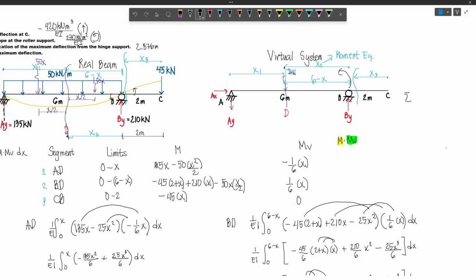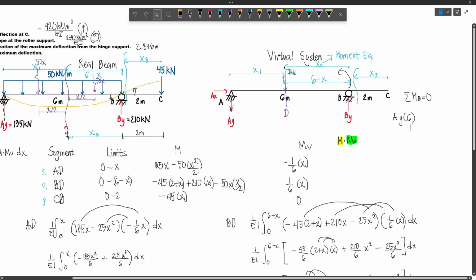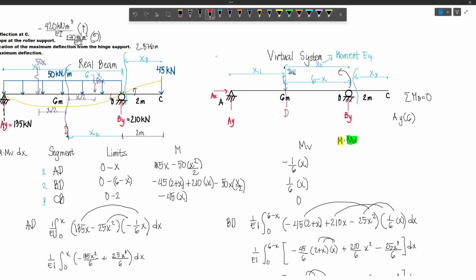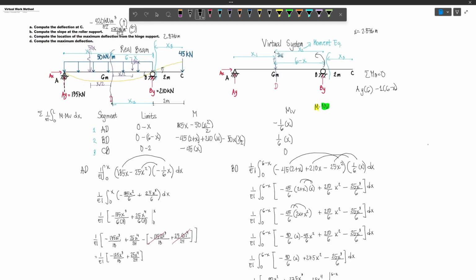Now, we can take moments about B to get AY. And so, our AY becomes AY times 6, let's assume upward, and then minus 1 times (6 minus x). Again, we already have our x, which is the 2.876 meters we got, and then we set this to 0.